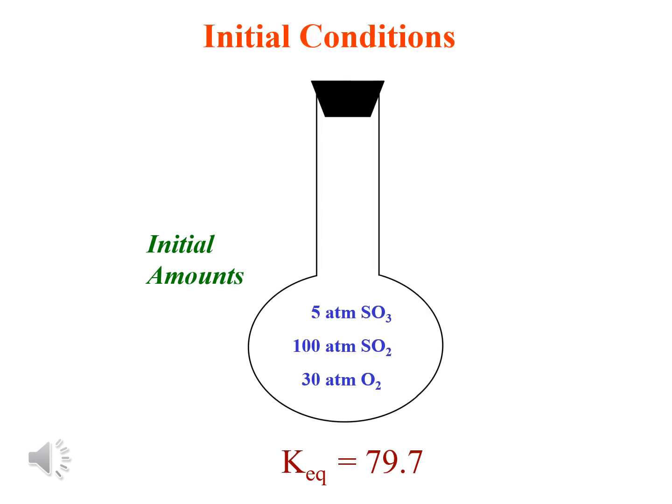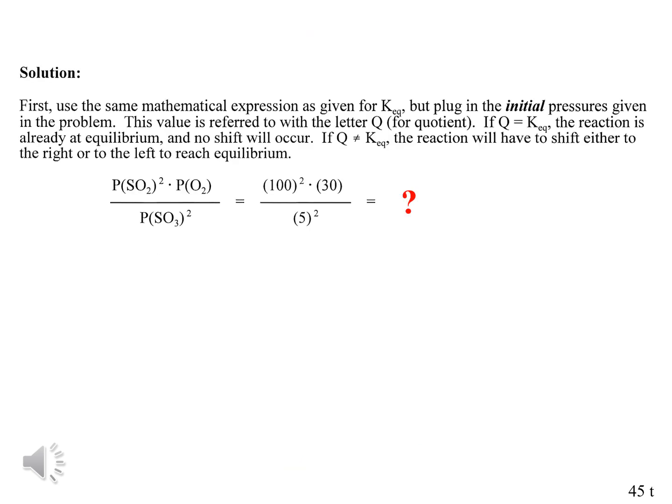So in order to be able to visualize this, I showed you a flask that has those three initial amounts in it. And of course, if this reaction is at equilibrium already, if you plug those three numbers into the equilibrium expression, you should get 79.7.